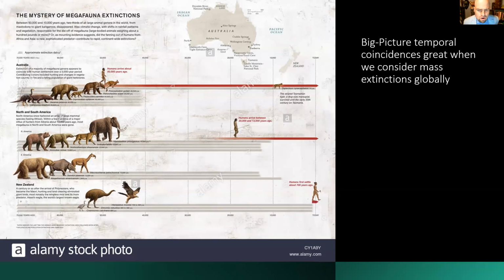But I think when we look at the overall trend, when we look at all of these coincidences together, there begins to be a more and more compelling case for the overkill hypothesis with this coincidental evidence, and for humans having a major part to play in the extinction of all of these animals.